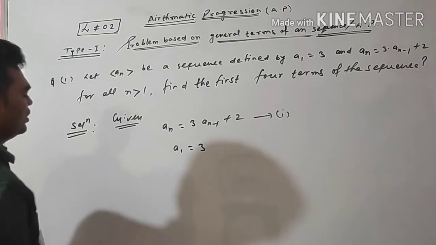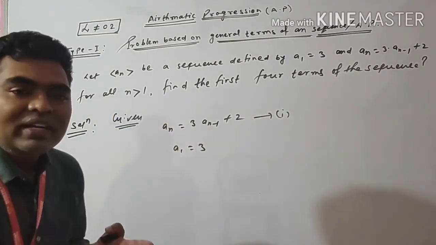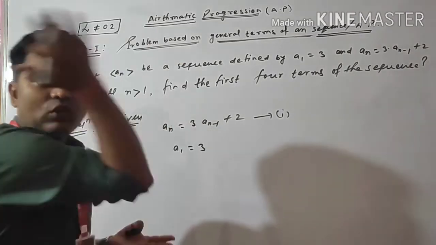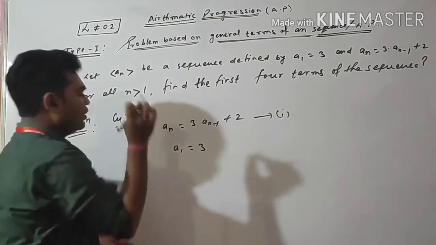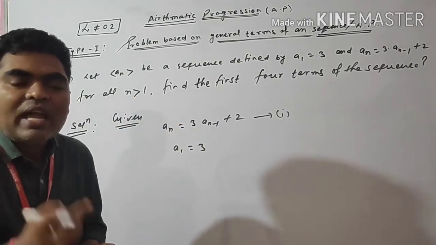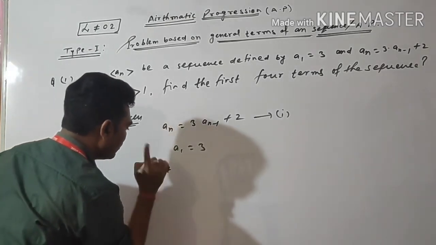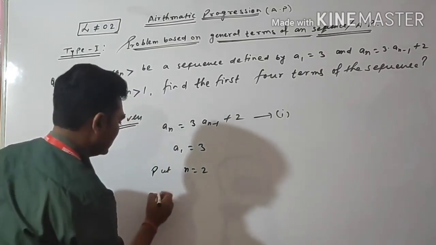Clear? Then first we find a2, that means the second term of this sequence. In place of n we put n equal to 2.